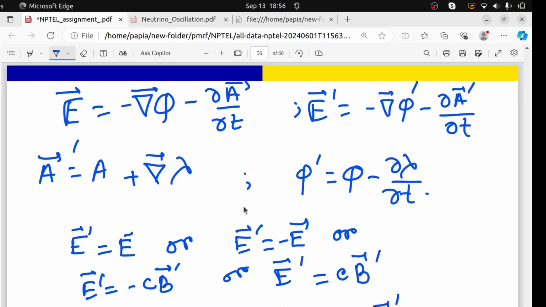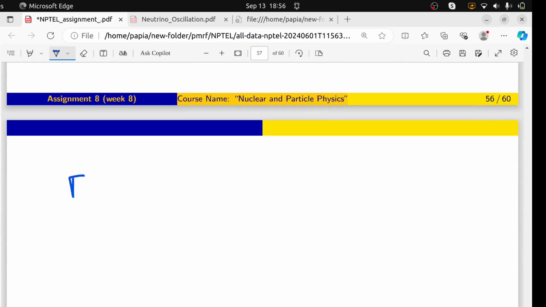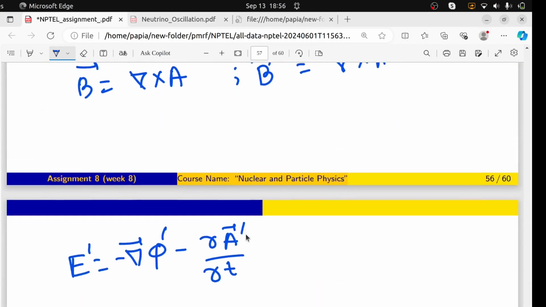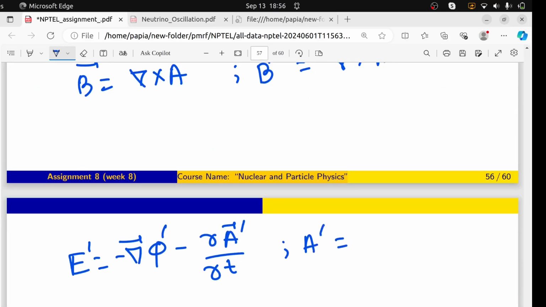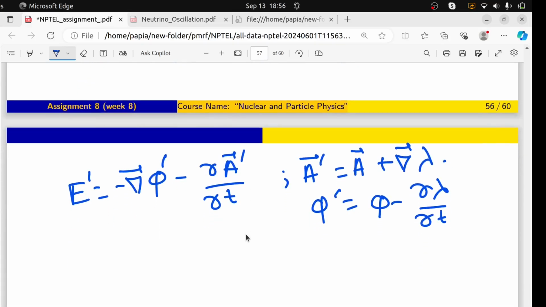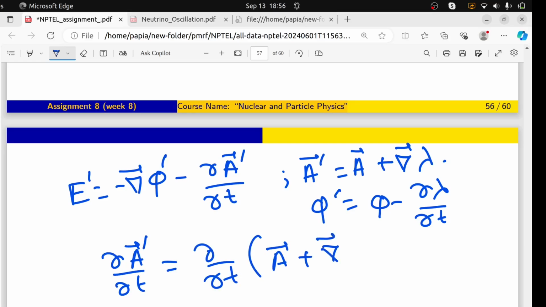For that case, E prime we are going to write as minus grad phi prime minus del A prime del T. And A prime is A plus grad lambda, and phi prime is phi minus del lambda del T. Now as A prime is already given, del A prime del T is del T of A plus grad lambda.